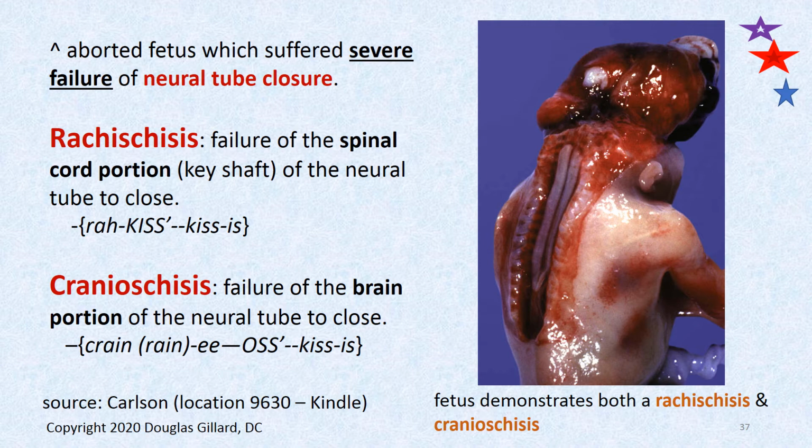And if the skull fails to close, it's called a cranioschisis. Cranioschisis. It's almost like saying rachischisis, and cranioschisis, or schisis. It's really more like schisis to say it right. But anyway, there it is.